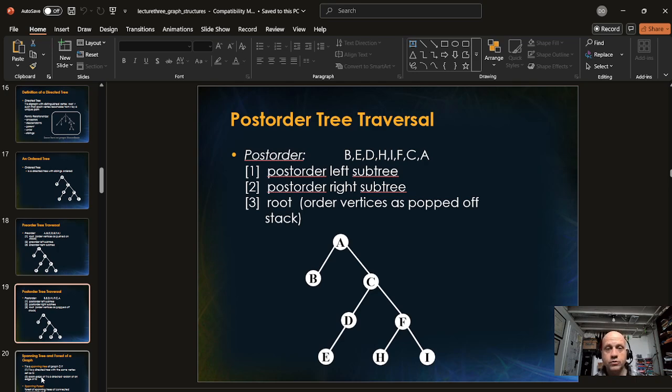So post-order tree traversal would be the post-order left tree and post-order right tree, and then the root.